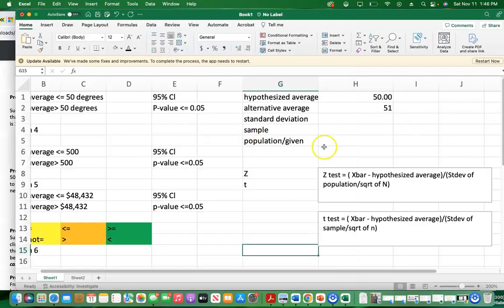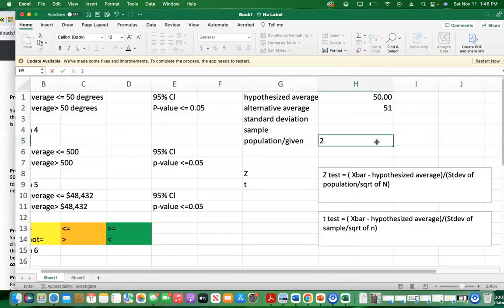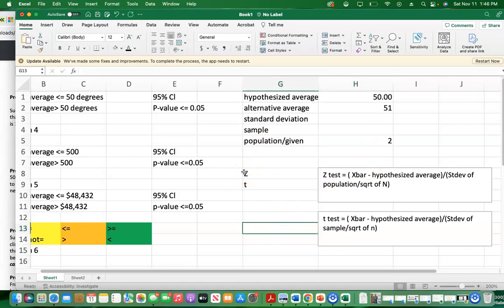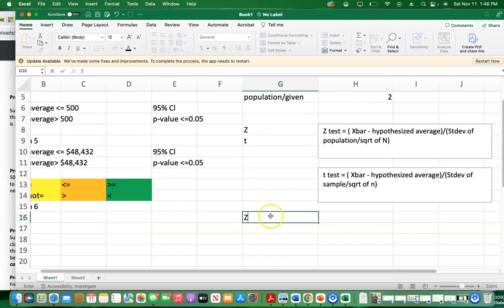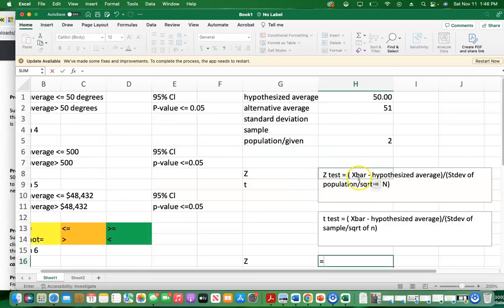So in this case, we have the population standard deviation, which is 2, and we are going to use the z-test instead of the t-test to obtain the z value. To get the z value, we apply the formula. We put the equal sign, and take x bar, the mean of the sample, or the alternative average, which is 51.